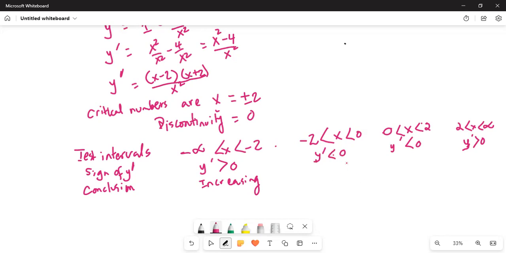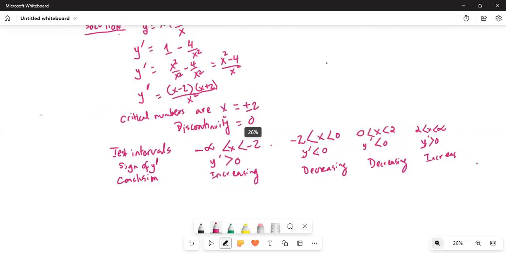So in this interval, it is decreasing. This is also decreasing between 0 and 2. So from minus 2 to 2, it is decreasing basically, with a discontinuity at 0. And then increasing over here.